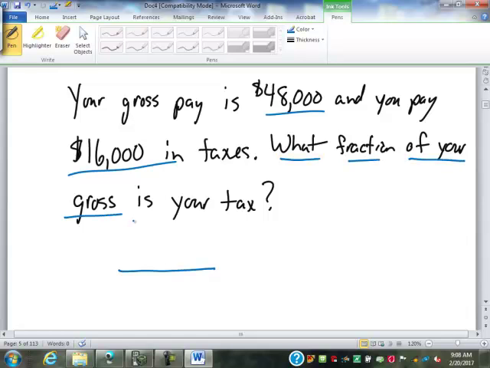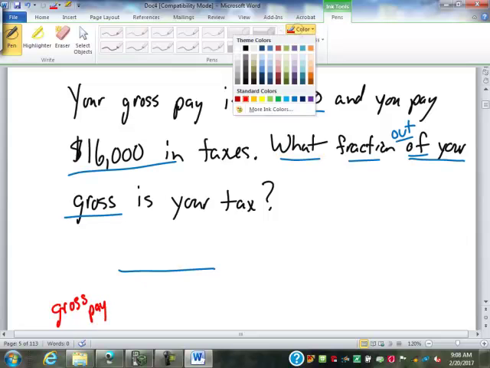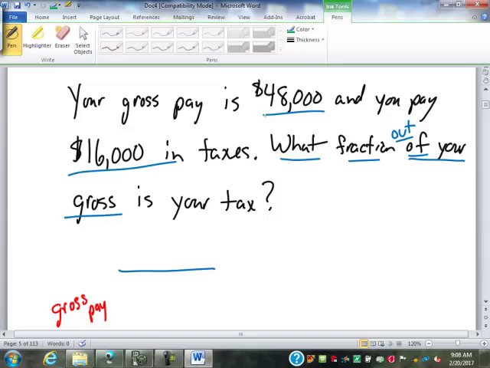Now when we talk about percents, we're going to talk about this a lot. What fraction of your gross pay, we can read that as out of your gross pay, which is implying the gross pay is what this is all based on. So that would be what goes on bottom, the gross pay, which is how much? The 48,000.